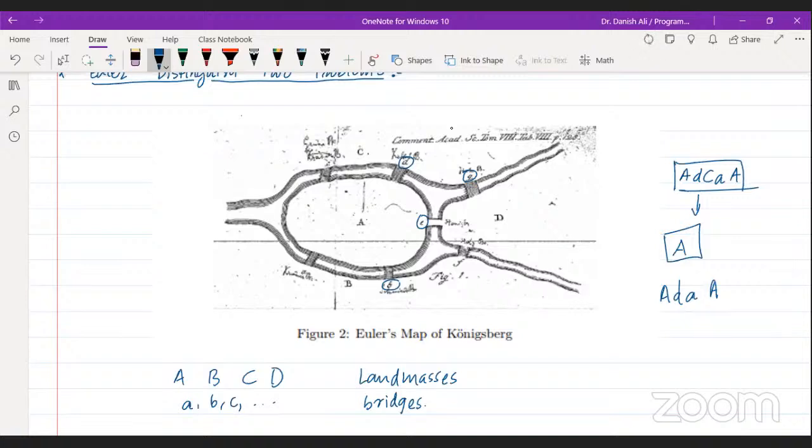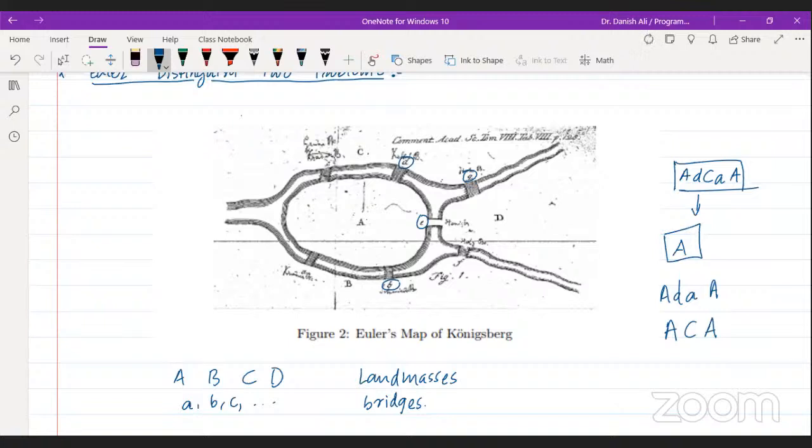I want, for example, only the capital letters. ACA. ACA, yes, this is good. ACA, very good. So ignore which bridge a person used.